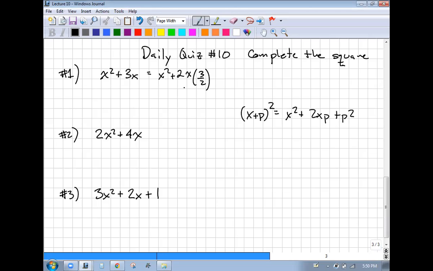Okay, so now looking at this, we have x squared plus 2x. This is going to be the letter p. So what we need to do is add 3 halves squared and also subtract it. So we're maintaining equality. This is just 0. Okay. So what we have is this thing right here is x plus 3 halves squared. And then we have minus this. Minus 3 squared is 9, 2 squared is 4.